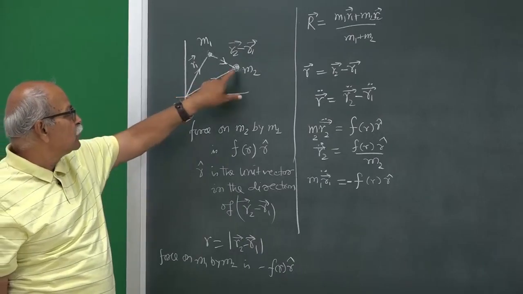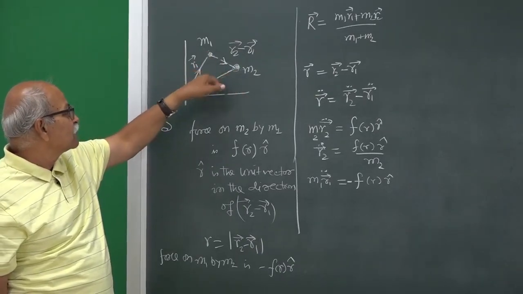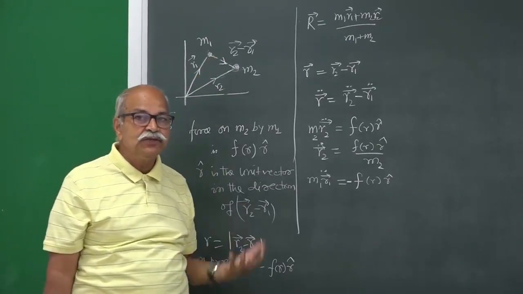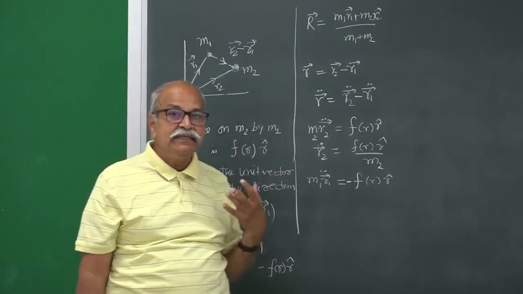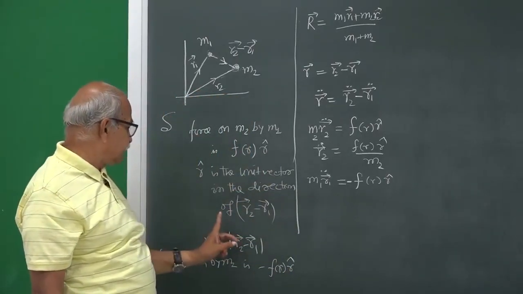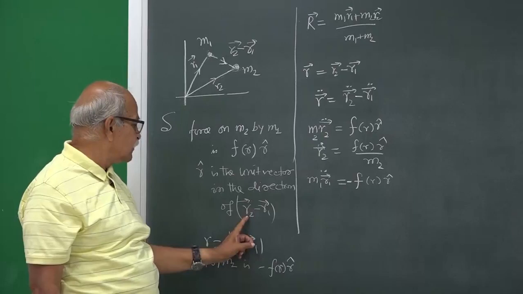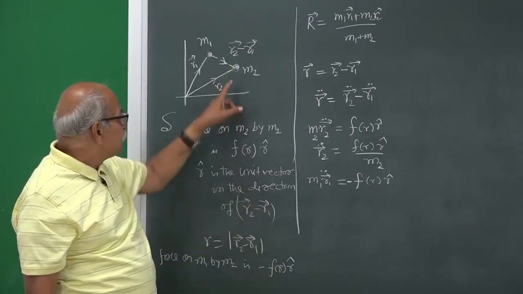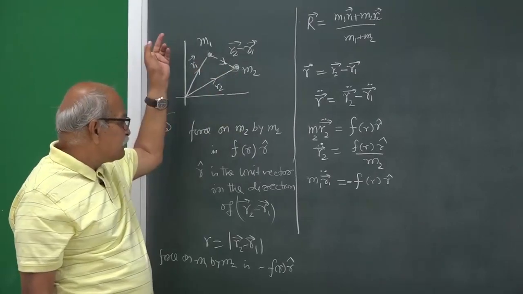The force on m2 because of m1 and the force on m1 because of m2 are equal in magnitude and opposite in direction. Our r cap vector is already defined as the unit vector in the direction of r2 minus r1. So on m2 it is r cap and on m1 it is minus r cap.